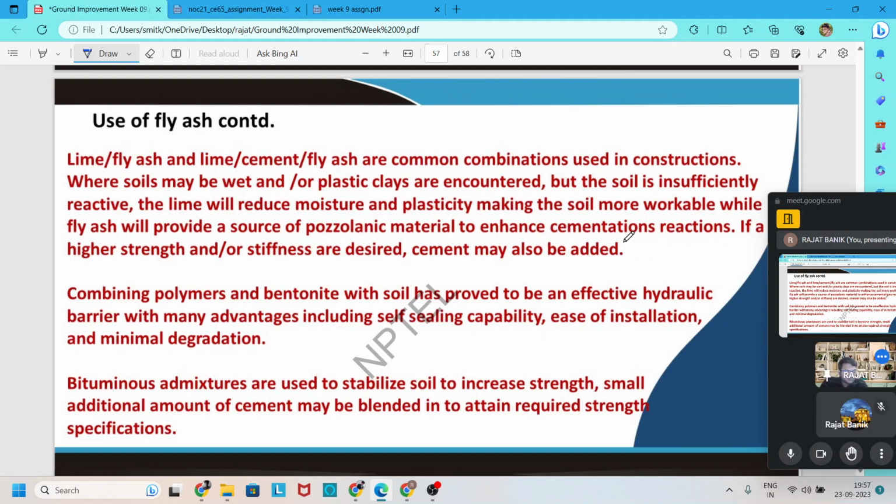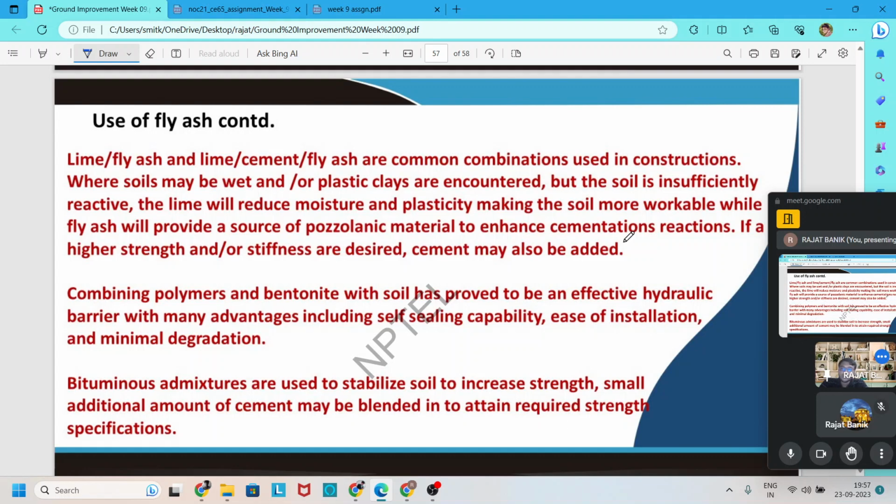So, the lime fly ash combination or lime cement fly ash combination we use when the soil is wet or plastic.